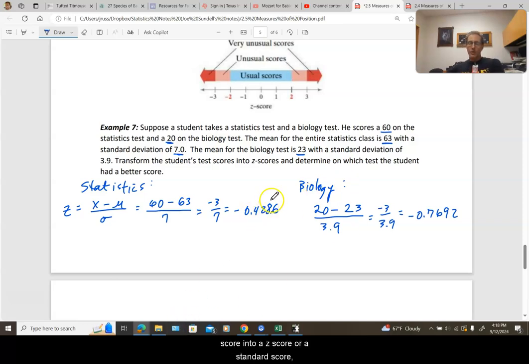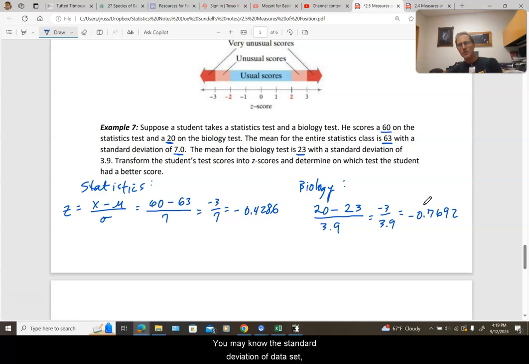Whenever you convert a raw score into a z-score or a standard score, guys, you say that you've standardized that score. Each of these scores has been standardized, so only now can we actually determine in which class he did better on this particular exam. It's very similar to the coefficient of variation, right?